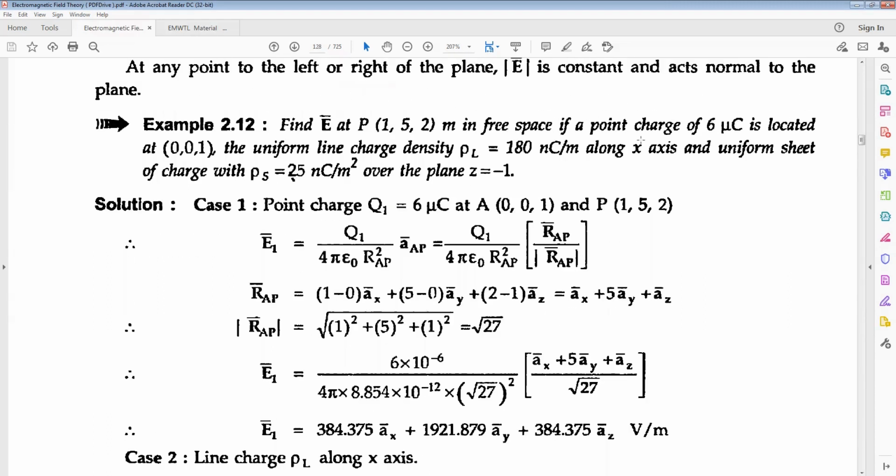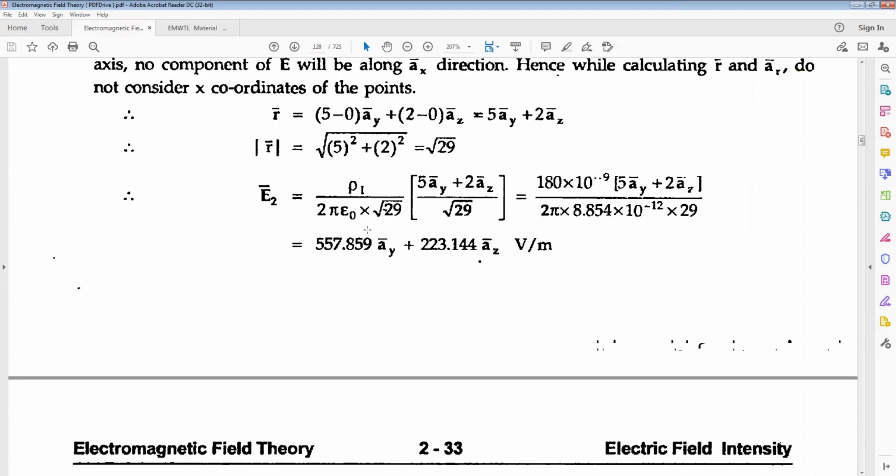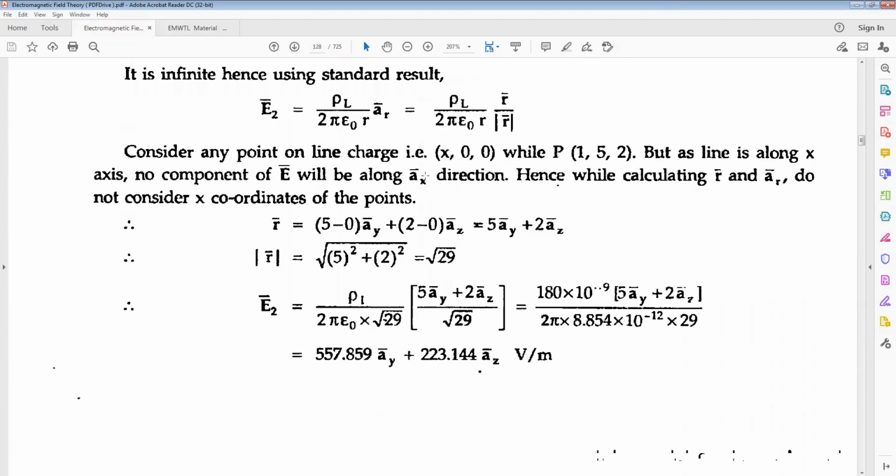Since rho L is along the x-axis, there is no X component. Previously, we said that when charge is uniformly distributed on the z-axis, we do not take the z component. Similarly here, the charge is distributed along the x-axis, so the X component is eliminated. Substitute here 2 pi epsilon naught under root of 29.